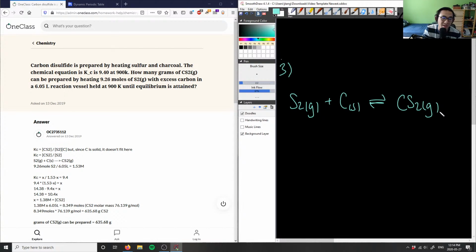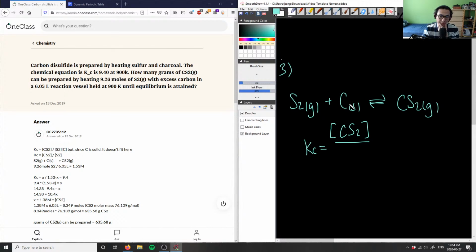And the Kc here is going to represent the concentrations of the species in gas form. You can talk about them in partial pressures or in concentration, but for now I'm going to stick to concentration because we're not given a pressure. So this is the concentration of our product, CS2, divided by our reactants, S2 and solid carbon.